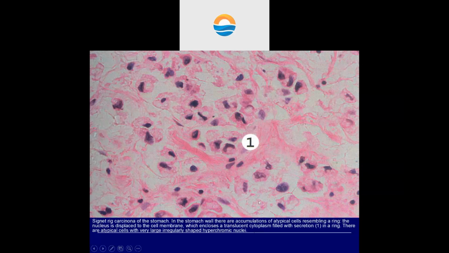There are atypical cells with very large, irregularly shaped hyperchromic nuclei. So you see, look here, various shapes of the nuclei, and all of them hyperchromic, so darker than normal. And really, you can't find two absolutely similar cells and nuclei. They are all different. We call this polymorphism.